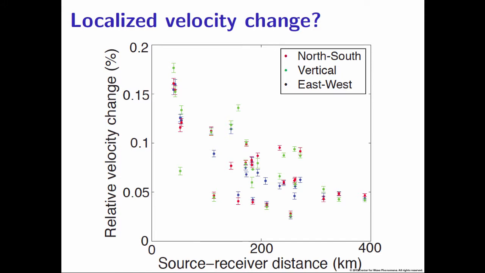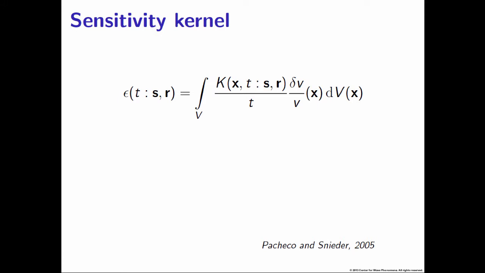We can answer this question with this expression, which relates the estimated velocity changes for each station to the in situ velocity change, given by delta V over V. This relationship is defined by what we call the sensitivity kernel K, which depends on your source location and also your receiver location.